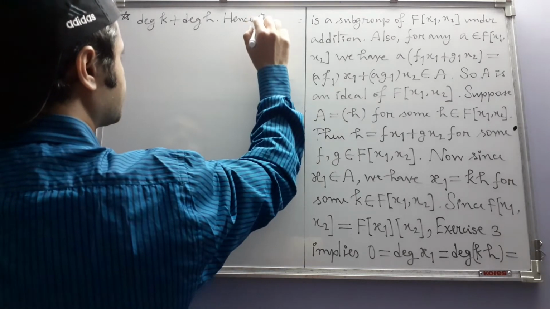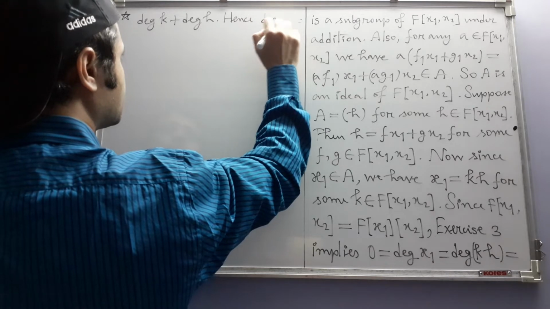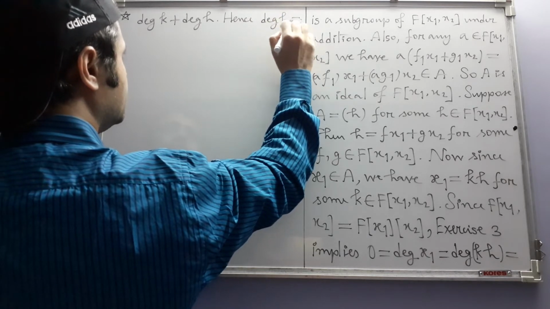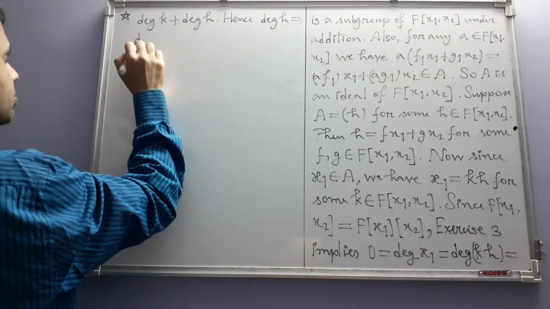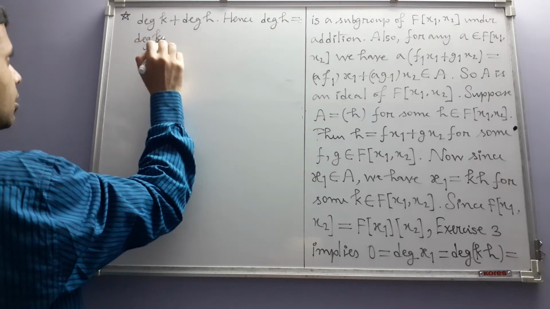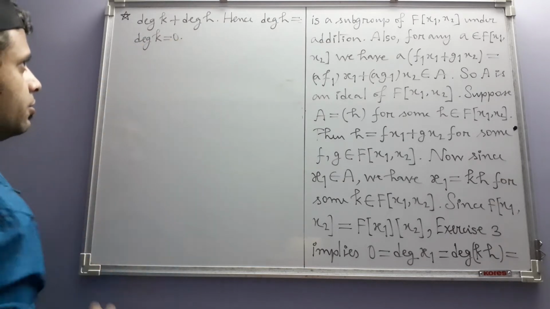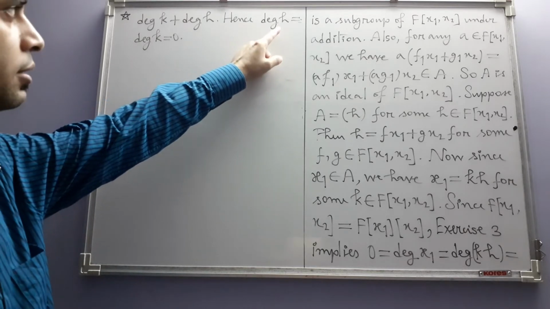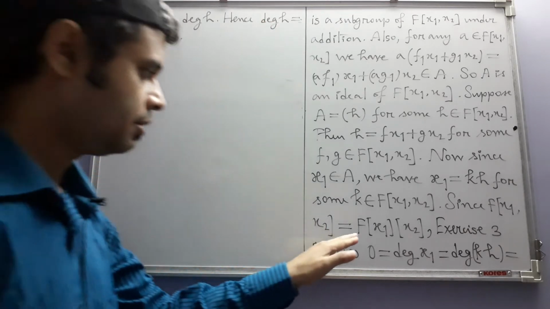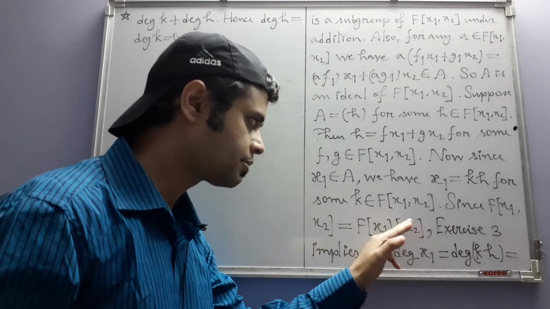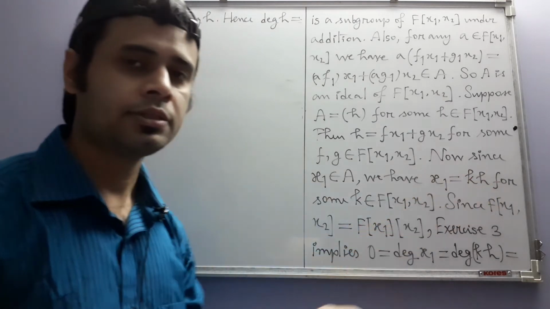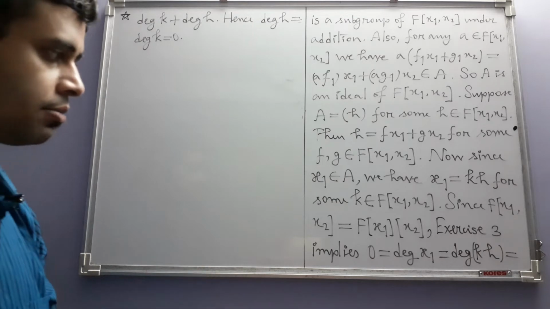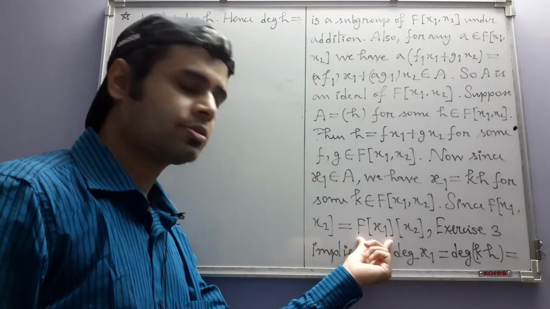Hence, degree of h and degree of k are both equal to 0. Degree of h being 0 means what? It means that as a polynomial in x2, h is constant. In other words, h belongs to f[x1].